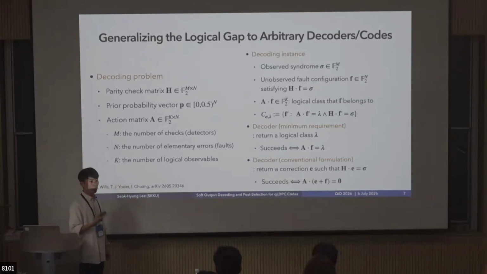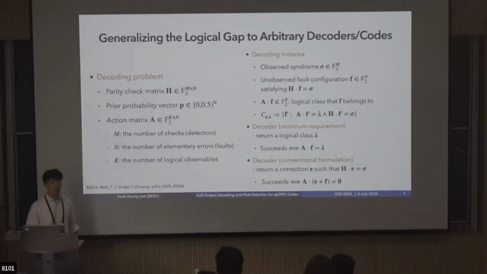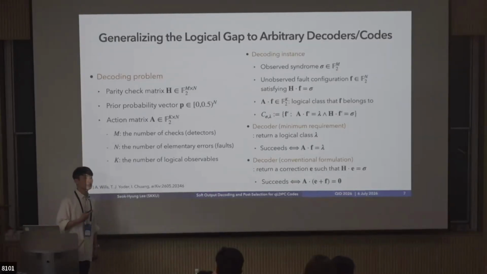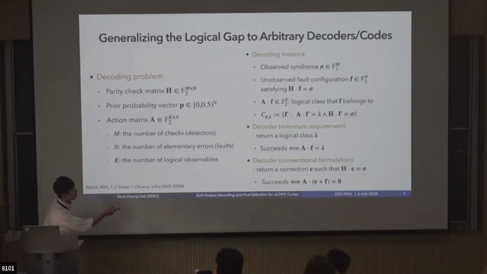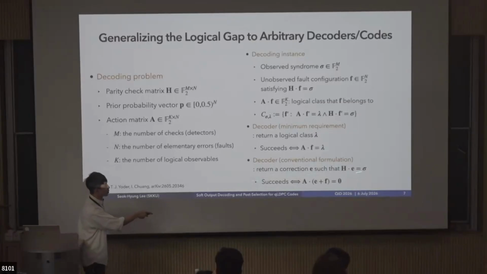However, in practice, most decoders return a physical correction, not a logical class. So the conventional formulation of a decoder is to return a correction, which is an n-dimensional binary vector, such that it is consistent with the syndrome.